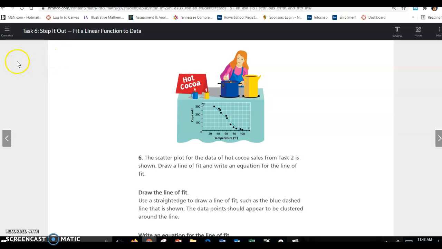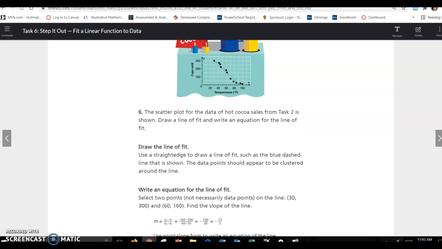All right, so you can see they've drawn a line through the points here. So it says the scatter plot for the data of hot cocoa sales from task 2 is shown. Draw a line of fit and write an equation for the line of fit. All right, so to write an equation, you're going to select 2 points and find the slope.